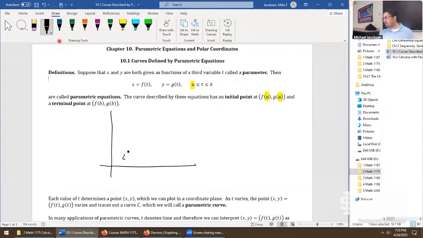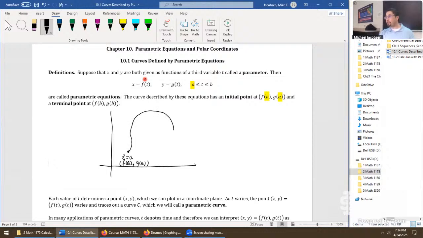We can call this t equals a, but that's not the point, right? That's just telling us the parameter value that gets us to the point. At t equals a, we land on the point f at a, g at a.